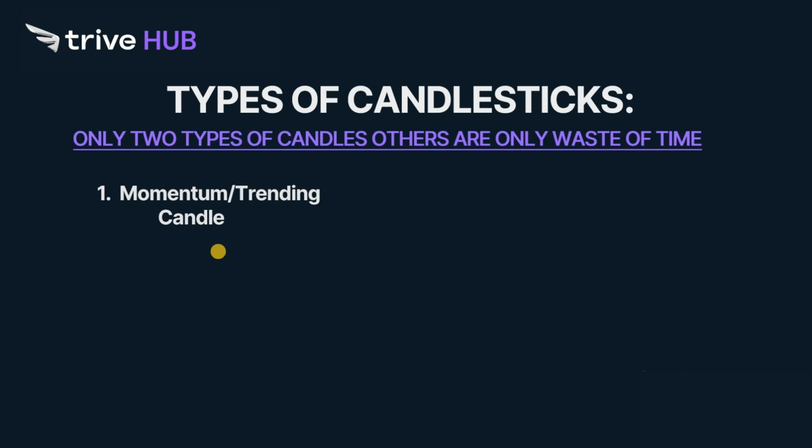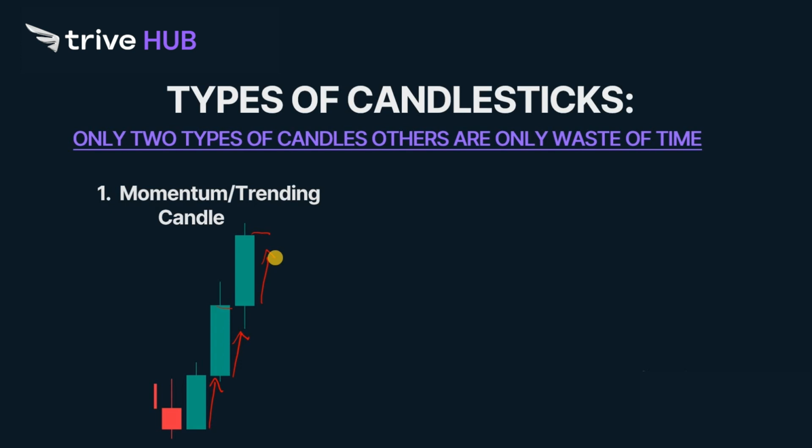So the first type of candlestick is the momentum or trending candle. It looks like a full-sized candle. As you can see here, the candles are very bullish in nature and they are almost closing at their highs, right? So these candles are momentum. It shows that the buying strength is very high.